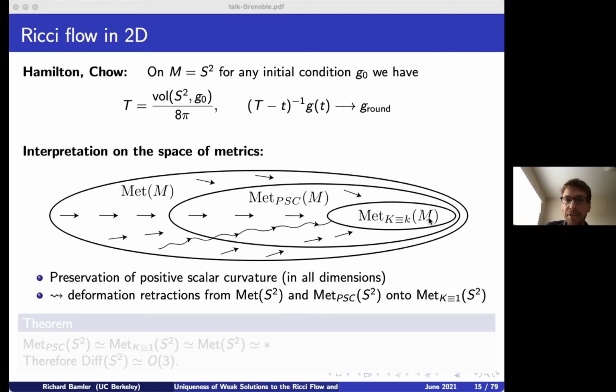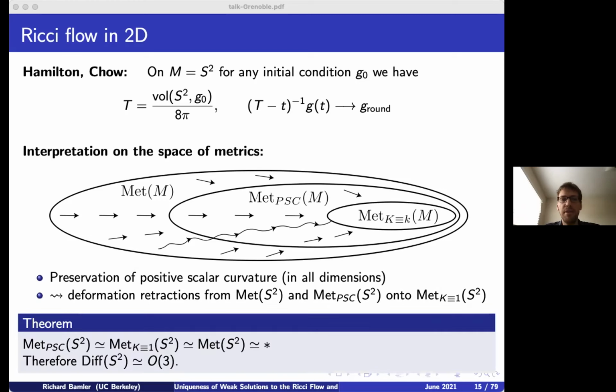And so this has a topological consequence, namely that all these spaces of metrics are homotopy equivalent to one another. And as I mentioned before, the space of all metrics is contractible. So therefore, all these spaces are contractible. And then by the lemma that I showed you a few slides ago, this implies the Smale conjecture for S2, or Smale's result for S2.